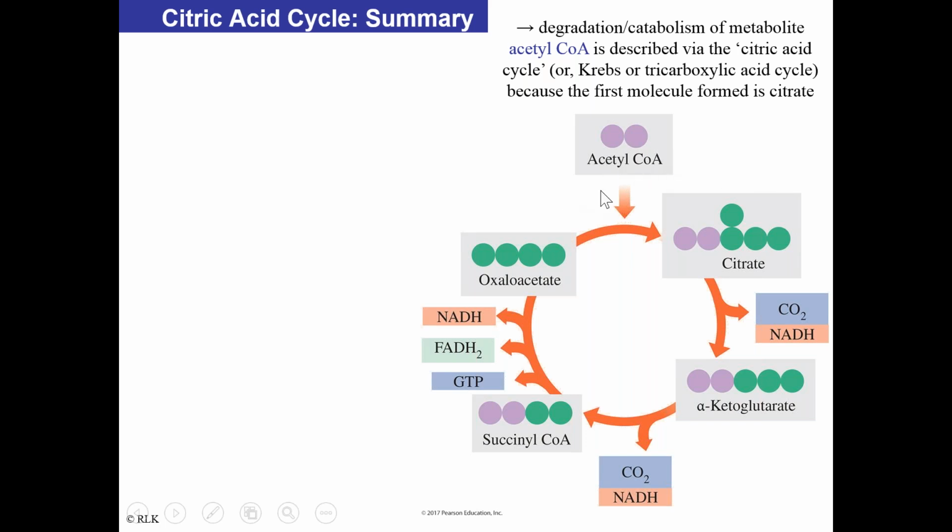I'm using this acetyl CoA here in this particular case. The acetyl group, still marked by these 2 purple spheres, is going to be acting as feedstock, and it's going to link up. It will combine with oxaloacetate there on the left, which had already been processed before. And so you're still able to get the citrate.